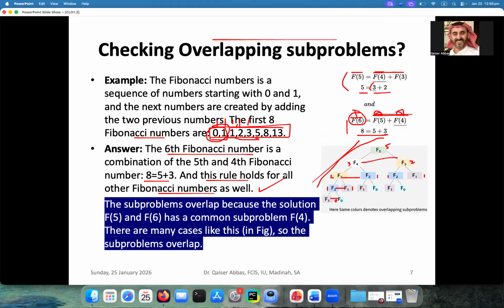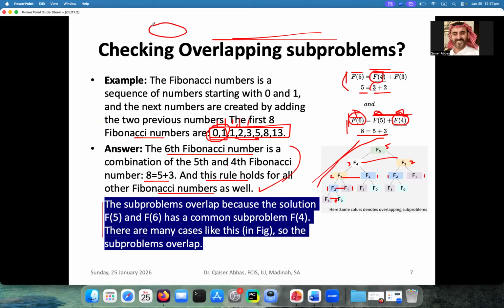Now, we are still not talking about the overlapping problem. Let's see that here in this blue part. If I write something for F6 and if I write something for F5 by using the same logic, then I can see that this F4 is available in both cases. And overlapping is something like that.